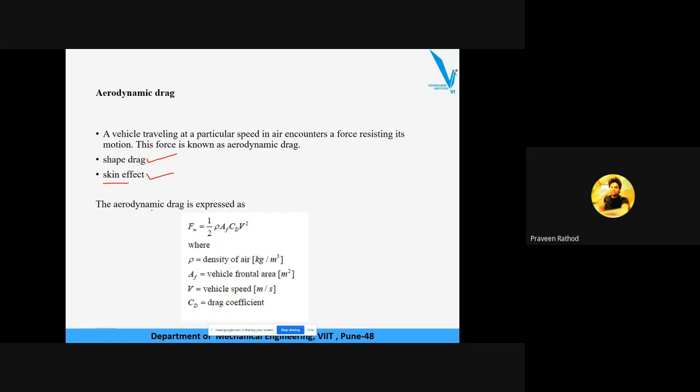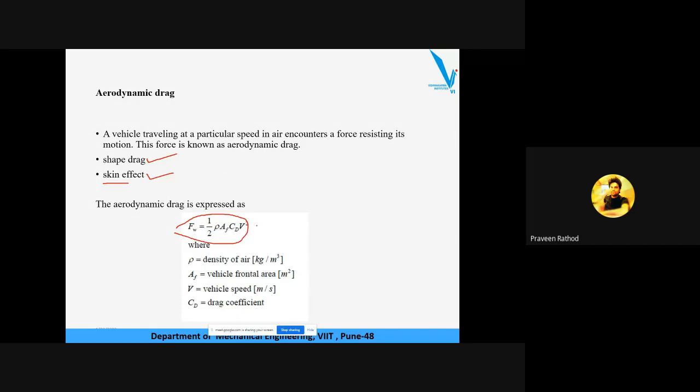Whenever we consider this drag, it can be expressed by this particular equation. Fw, the aerodynamic force or aerodynamic drag, can be considered as half rho AF CD V square. मतलब ये खाली फ्रंट एंड के लिए है. So whenever we study the different aerodynamic forces which are acting, मतलब साइड फोर्सेस कौन से एक्ट होते हैं, मतलब जब भी व्हीकल यॉ होता है, बाउंस होता है, पिच होता है, in that case there are different equations in the case of aerodynamic forces.